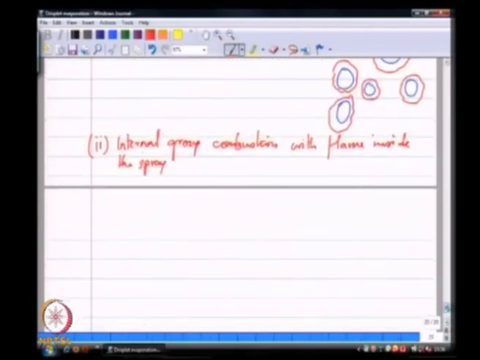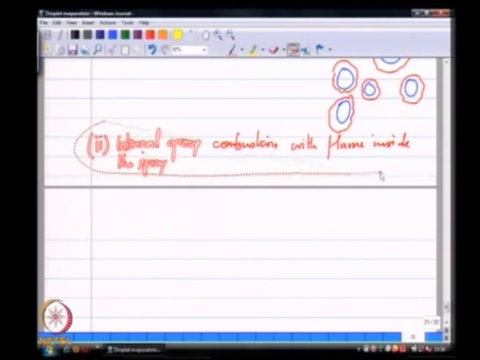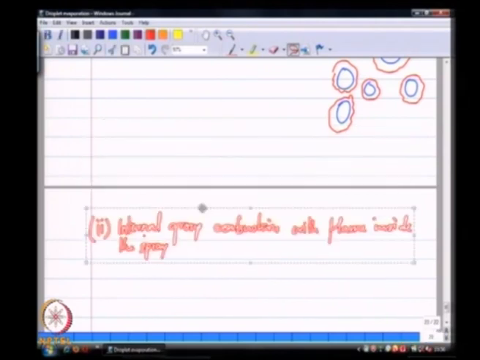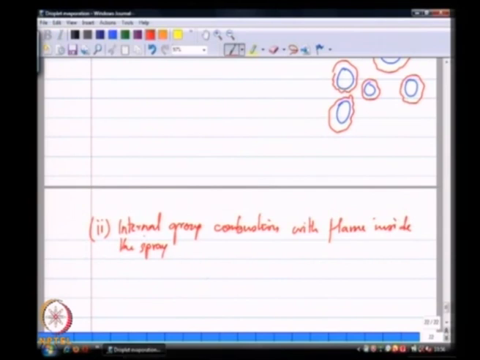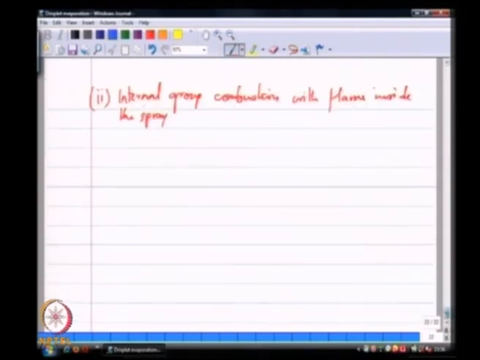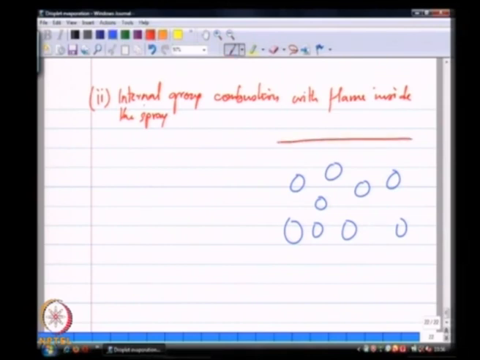So, let us see what this looks like. This is the case, let us say, where I have a bunch of drops, and the drops are evaporating in the presence of a flame, but the flame is sitting far away from the drops, and this flame could be radiating heat or transporting heat somehow to the droplets, which are in turn evaporating.